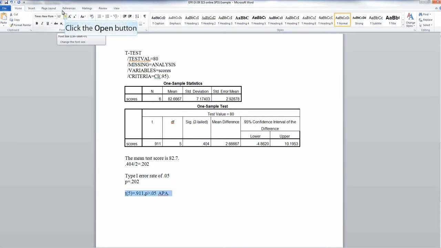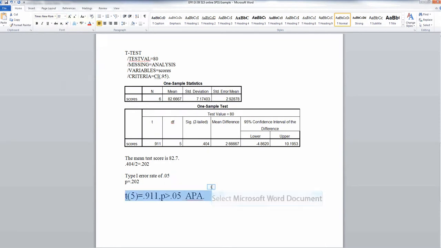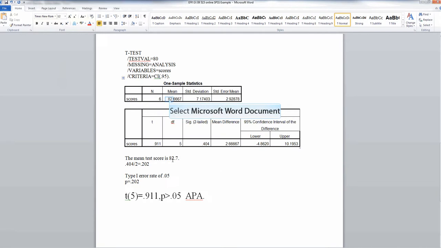So we've just done a one-tailed t-test, trying to decide if the population scores were greater than 80. Our sample mean was 82.7. Because the mean went in the right direction, we divided the sig two-tailed value, or the p-value, or the significance level, by 2.